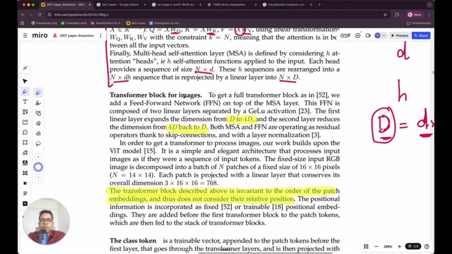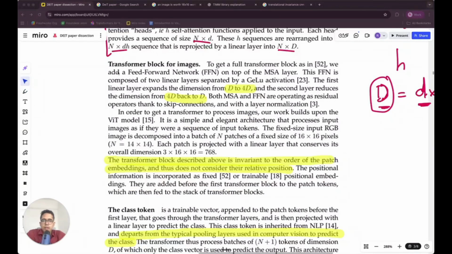Now, transformer block for images. To get a full transformer block as in 52, which is the Attention Is All You Need paper, we add a feed forward network on top of multi-head self-attention. The feed forward network is composed of two layers with GELU activation. In the hidden layer, you project your dimensionality from D to 4D. So you project into a higher dimensional space in the hope of making the context vector embeddings much richer.